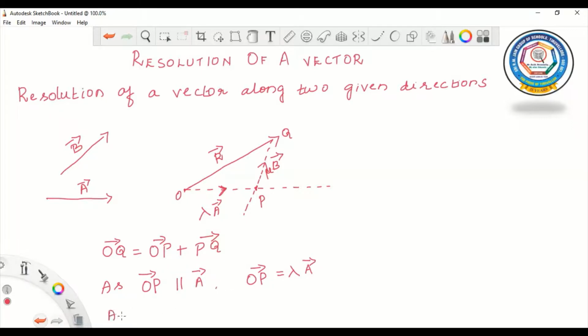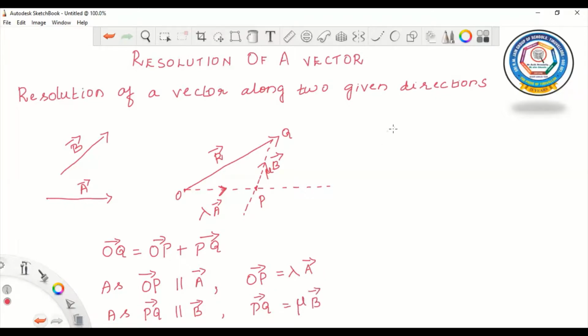Similarly, we can also say that this PQ, which is parallel to B vector, so we can write that PQ is equal to mu B vector.